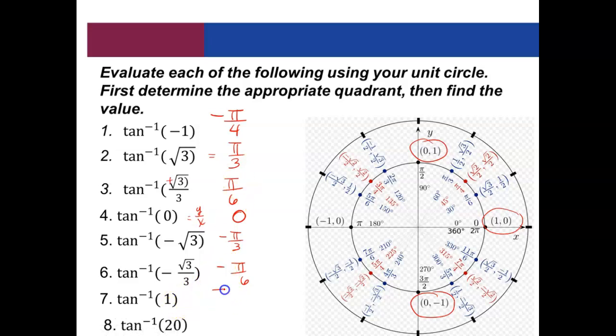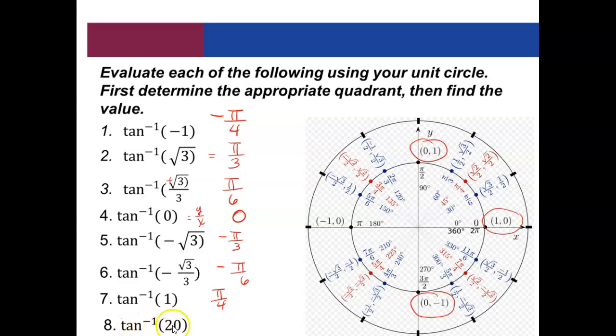Okay, the pi over 4s are the ones that have a tangent that's either 1 or negative 1. So if I need it to be a positive 1, then that means both their signs need to be the same. So that's going to come from that first quadrant and be pi over 4. So on this one, we have a value that is not on the unit circle, but it is within the domain of inverse tangent.